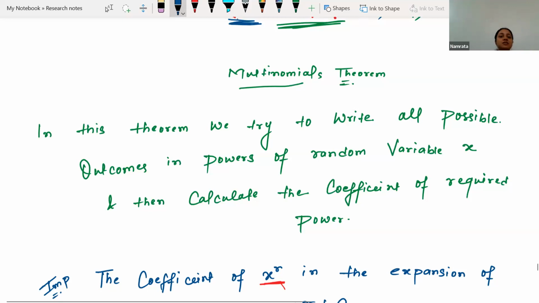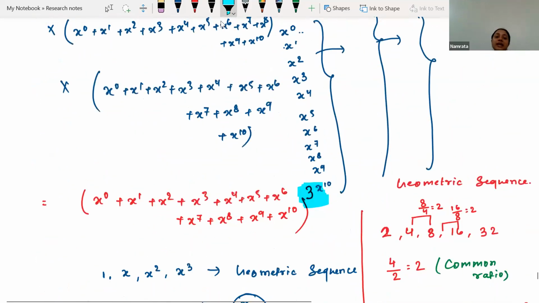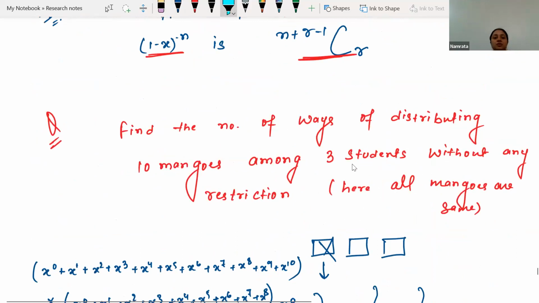And then the theorem says to calculate the coefficient of the required power. So we will calculate the coefficient of x to the power 10 over here, since we are having 10 mangoes. We are having 10 mangoes and 3 students we are dividing. That power 3 we have already taken into consideration, right?